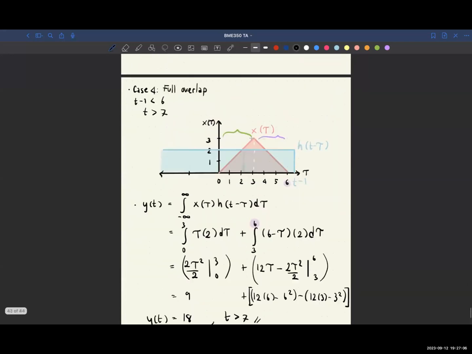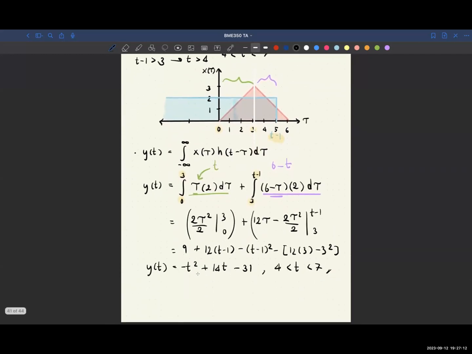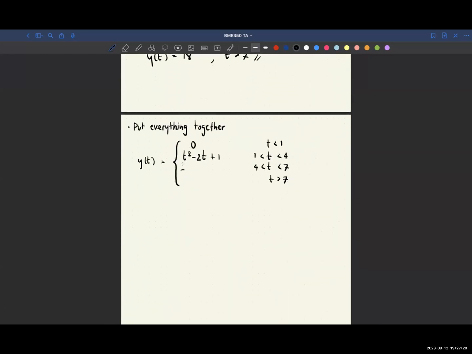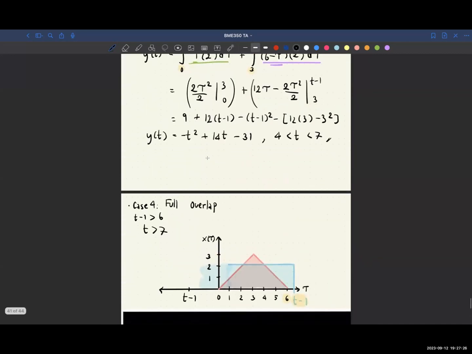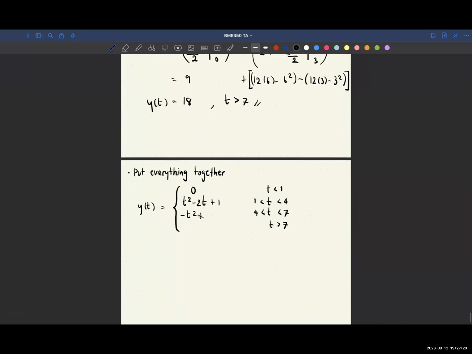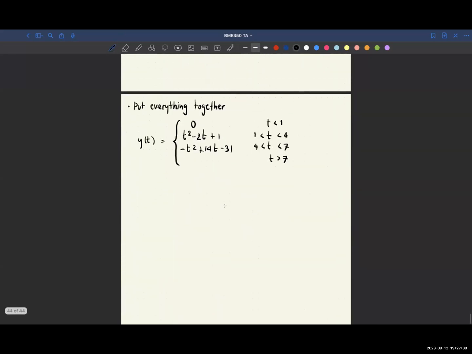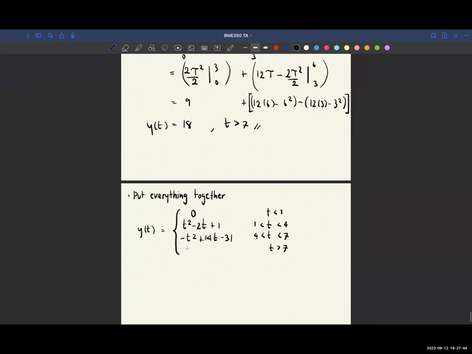When t is between 4 and 7, you get negative t squared plus 14t minus 31. I just want to make sure I did the right copying here. And in our last scenario, we get y(t) equals 18. And then we're done after we put everything together.